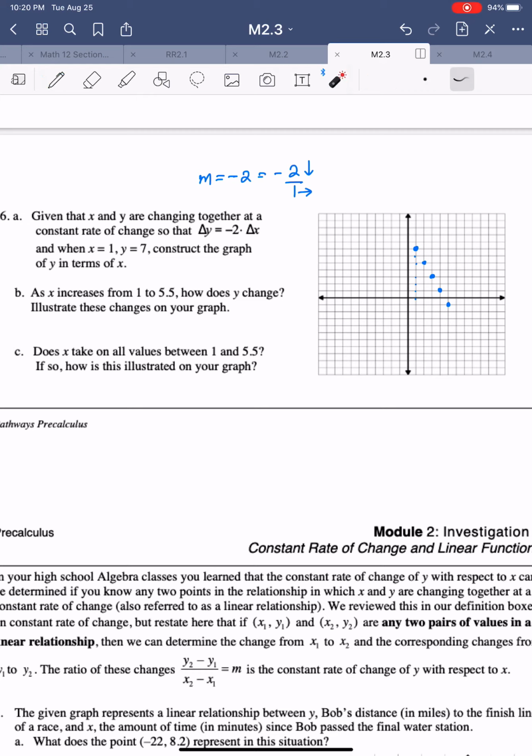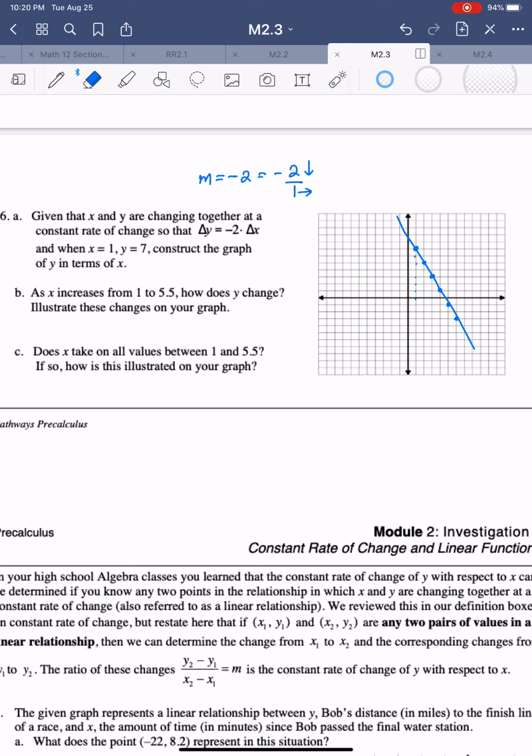Let's go one more, 2 down, and you are here. If you connect all these points together, it gives us a very nice linear line. Okay, so that's a line.